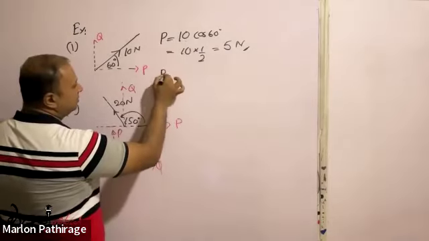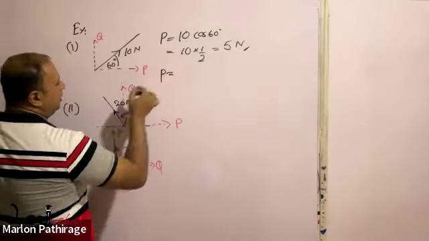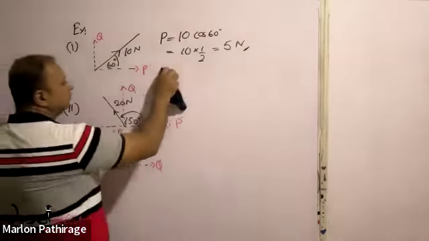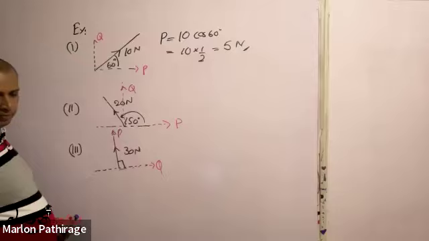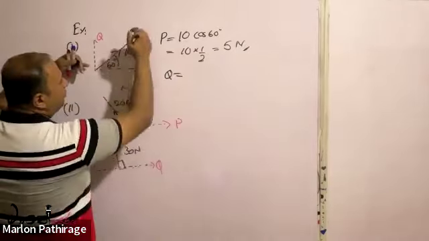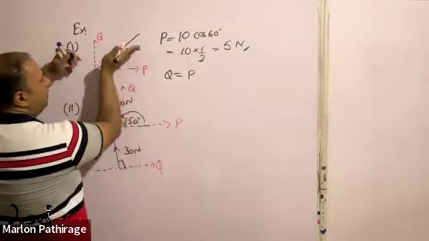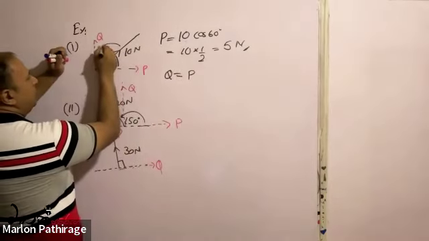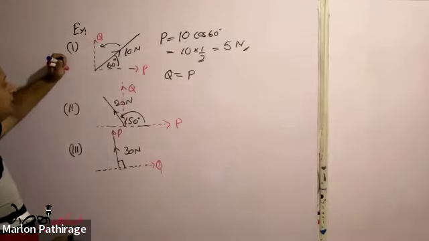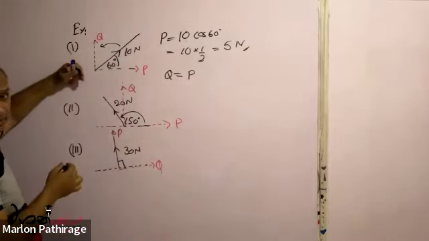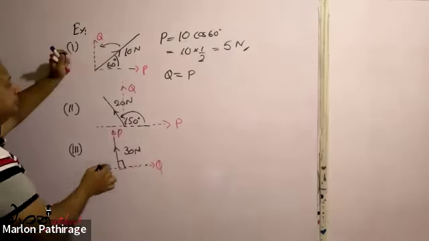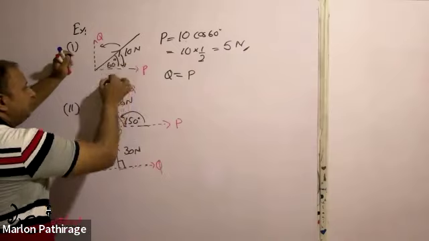Then Q is equal to P. Again, if you resolve this into the other side, meaning there is no angle, then it will be sine; on this side, it will be cos.